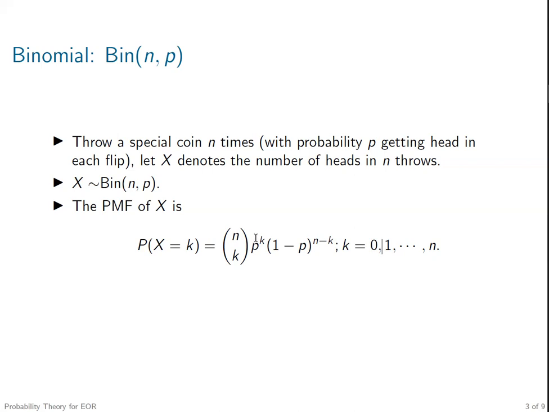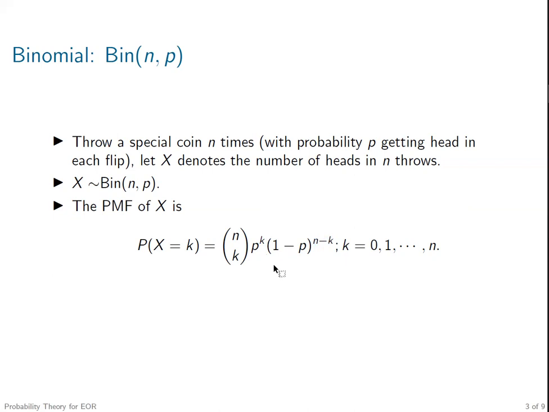For a specific outcome with k heads, this is the probability for such one outcome, right? p to the power k times 1 minus p to the power n minus k. This is the number of tails, and we have k heads in total. How many outcomes of such kind?